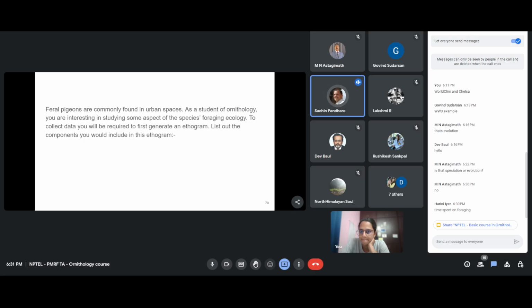Whether there is a sociological aspect, are they cooperative in getting the food, or do they communicate to other species, like the crow example we had. What about just pigeons? Let's stick to pigeons from what your common observations have been.